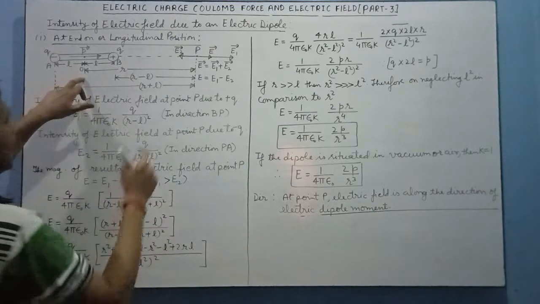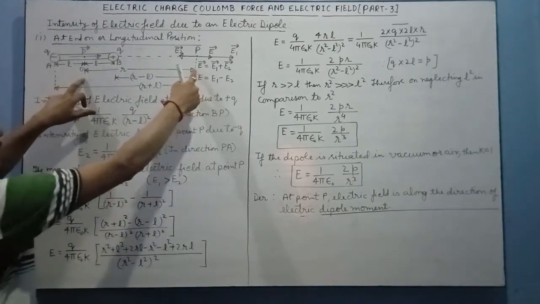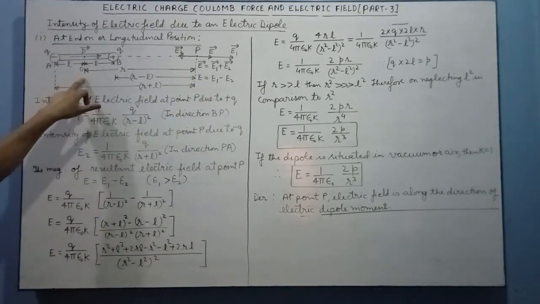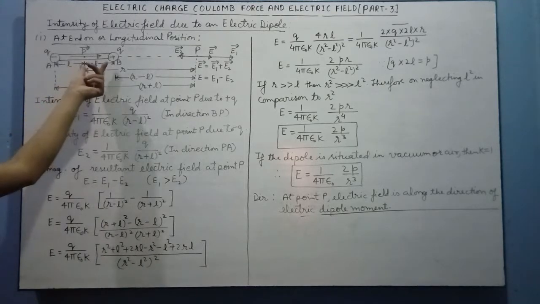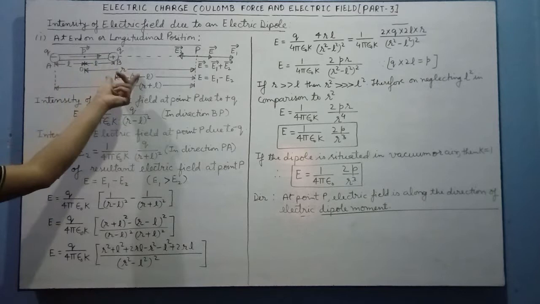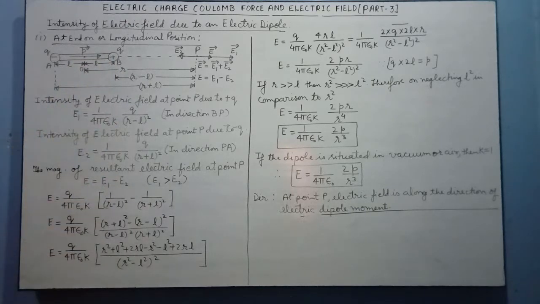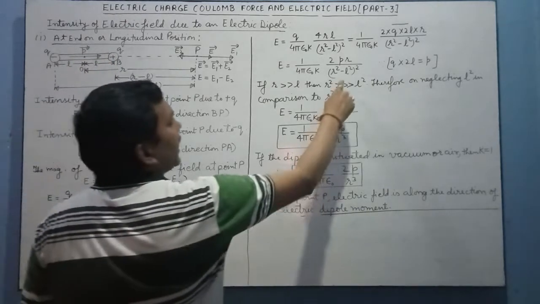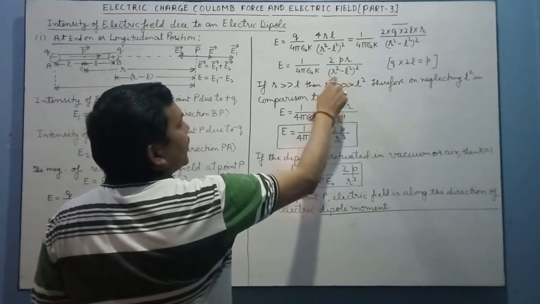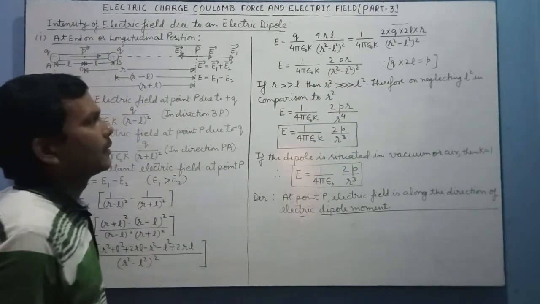Now we will see one more thing. If this distance R of point P from the center of the dipole is much greater than small l, in that case the square of this distance will be very much greater than this distance. In that case we can neglect this L square in comparison to R square.